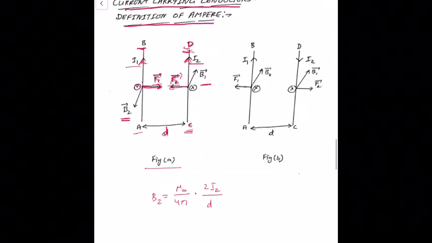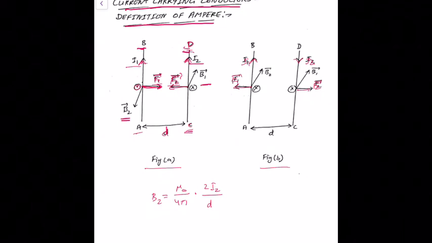On the other hand, it can be easily shown that if the two parallel conductors carry current in opposite directions, as shown in figure B, they repel each other, with F1 in this direction and F2 in this direction.